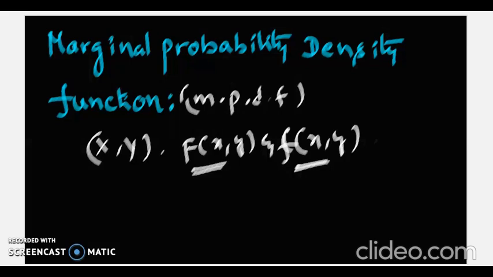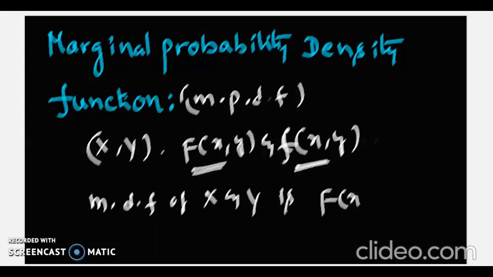Then the marginal distribution functions of X and Y are denoted by capital F of x and capital F of y. We have already seen this in our definition.